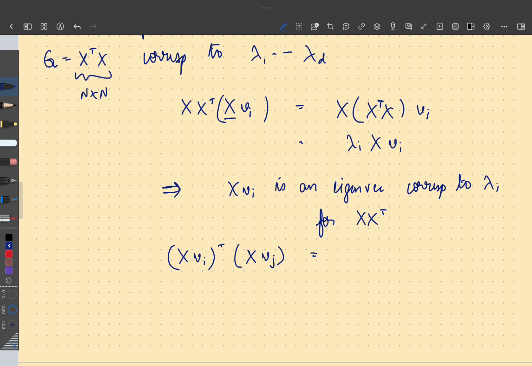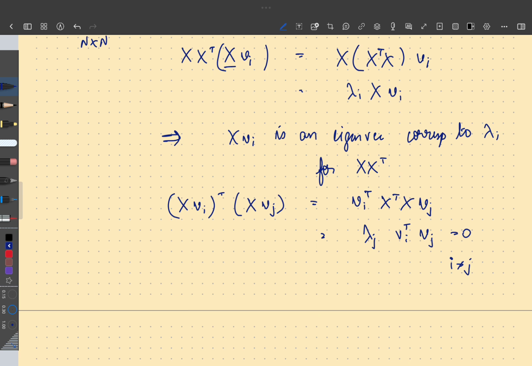What can I say about this? This is equal to Vi transpose X transpose X Vj. But Vj is an eigenvector of X transpose X, by definition, corresponding to the eigenvalue lambda j. So this is equal to lambda j times Vi transpose Vj, but Vi and Vj are orthogonal to each other. So this is equal to 0 for i not equal to j.